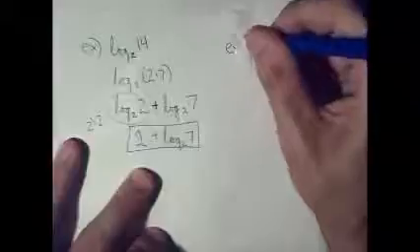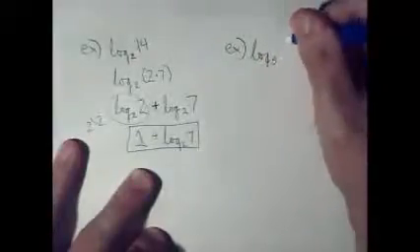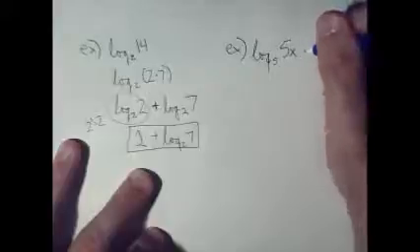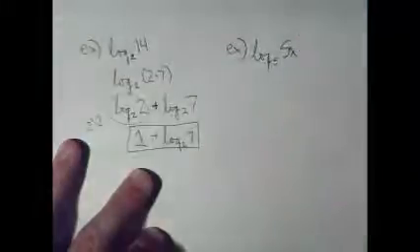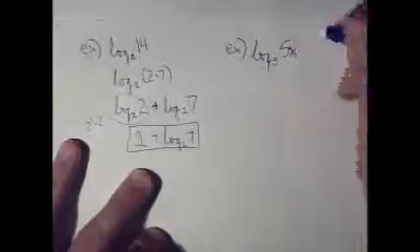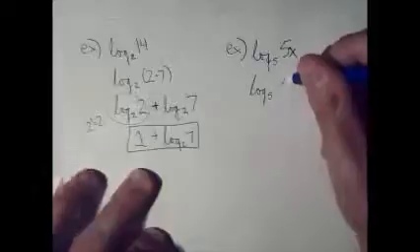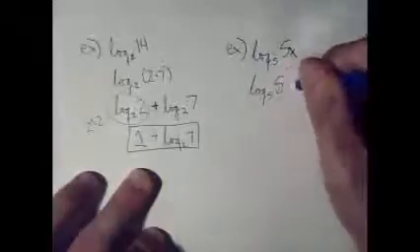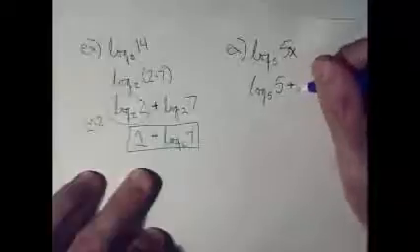Let's look at, what if I had log base 5 of 5x? Remember what 5x means? Coefficient means multiplication. Well, when I have a product, that's what tells me I can split this up as log base 5 of 5 plus, because when I have a product of powers, that's when I add my exponents.